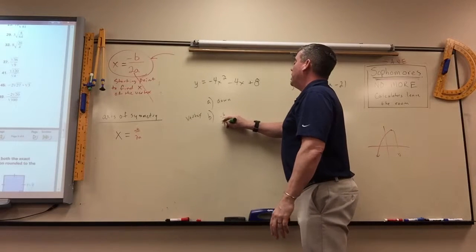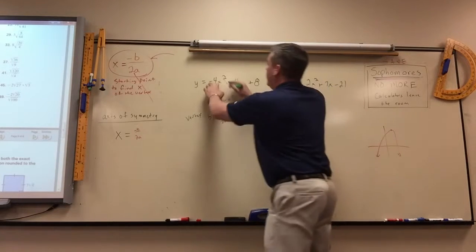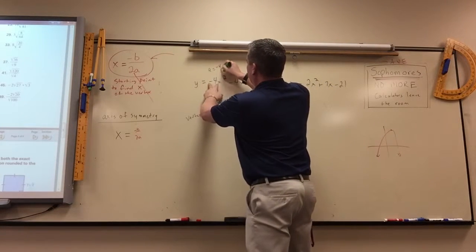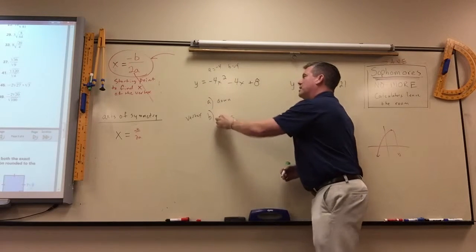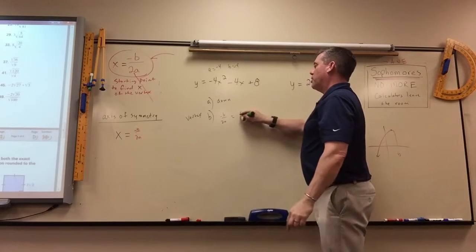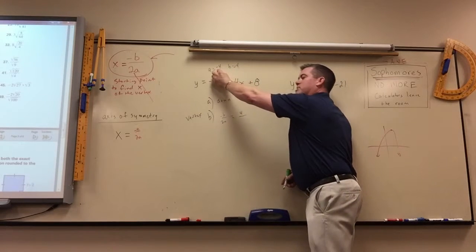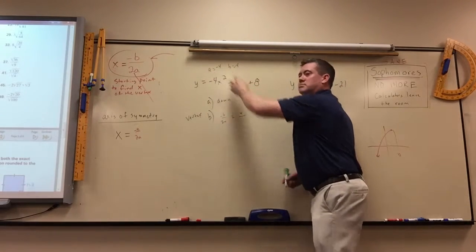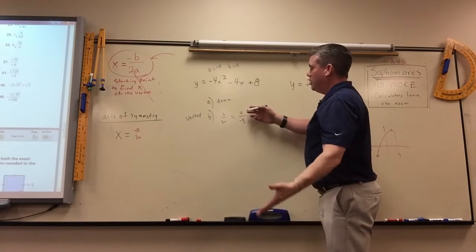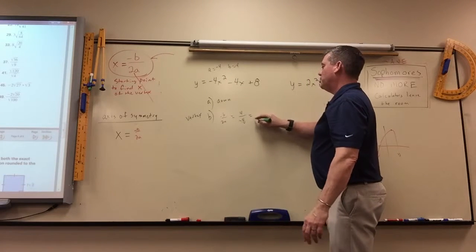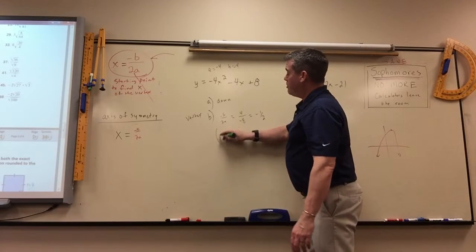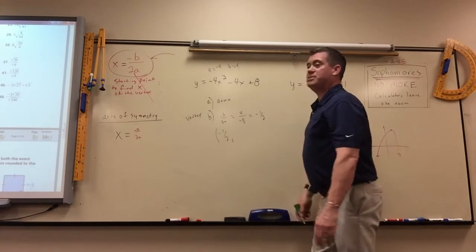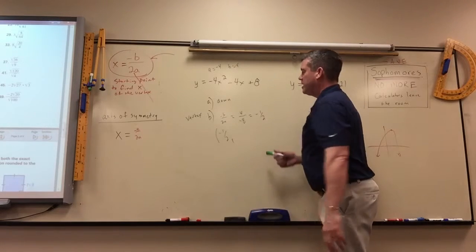Negative b over 2a is, the a is a negative 4, the b is also a negative 4. So negative 4 is 4. 2 times a is negative 8. You don't have to simplify it, but it's easier if you do. Negative 1/2. So there we found the first part. That's the x of the vertex.